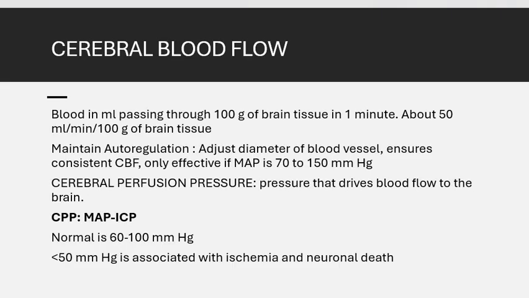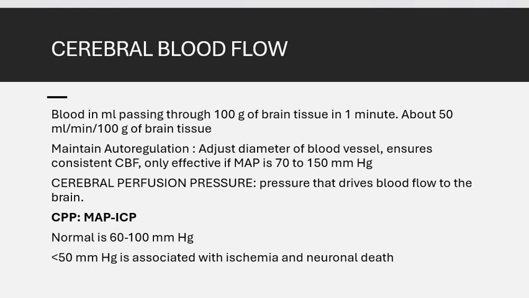Cerebral perfusion pressure is the pressure that drives the blood flow to the brain. It is really important because we want continuous blood flow to the brain, since the brain cannot survive without blood. Even with an interruption of only 4 minutes, it will start to die.